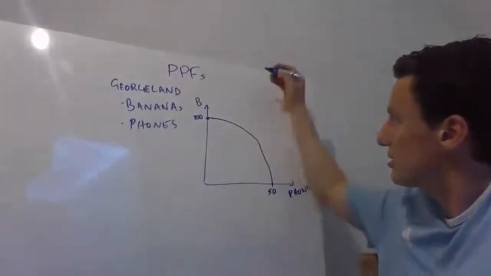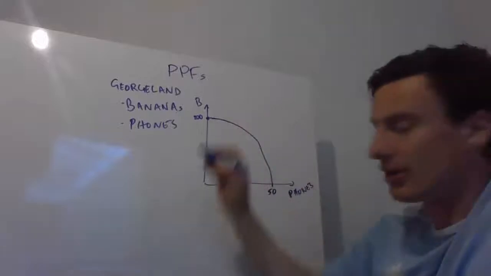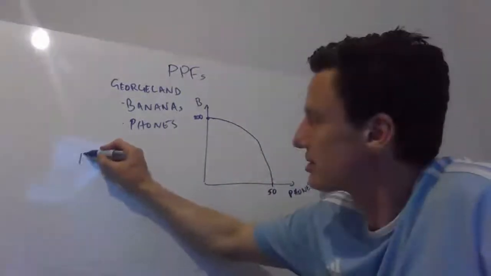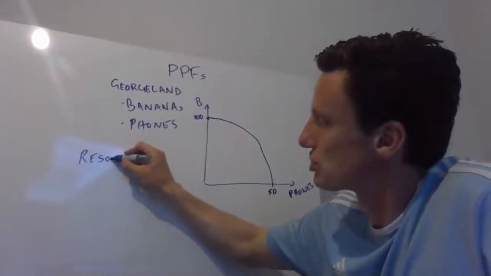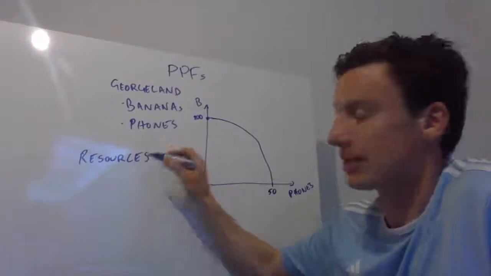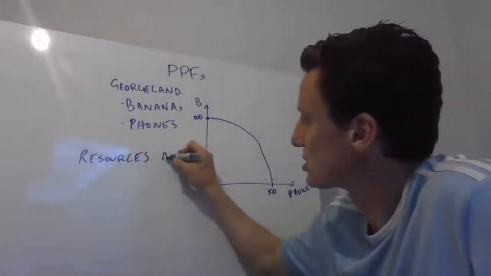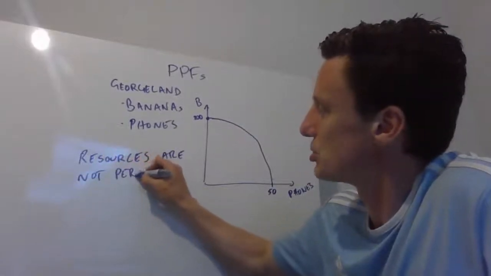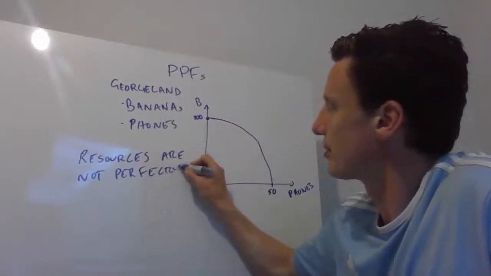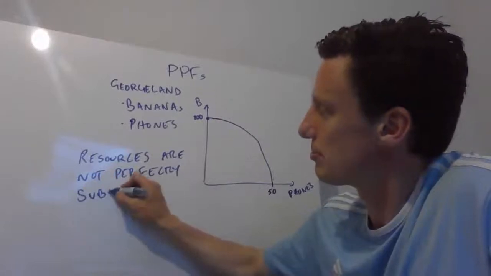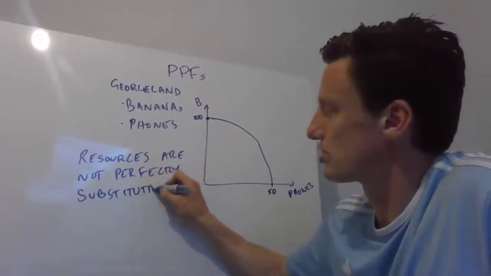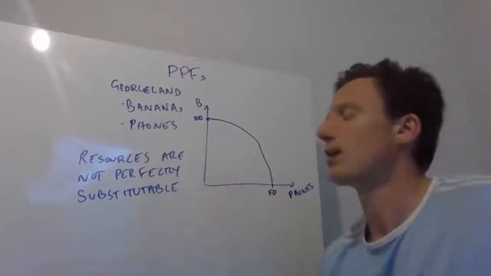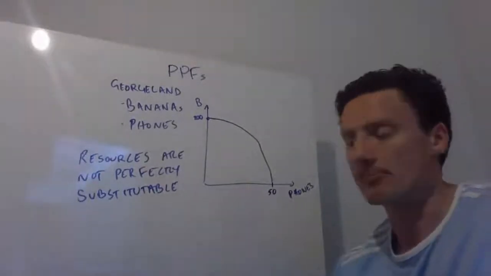The reason that they are curved is that resources, the capital, labor, and land we've just been talking about, are not perfectly substitutable, not in the real world. Now, what does that phrase mean?